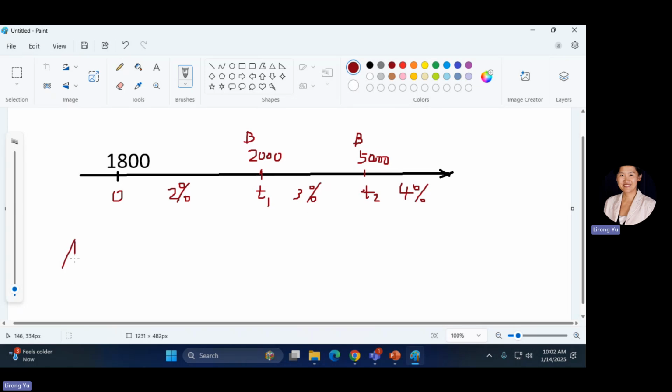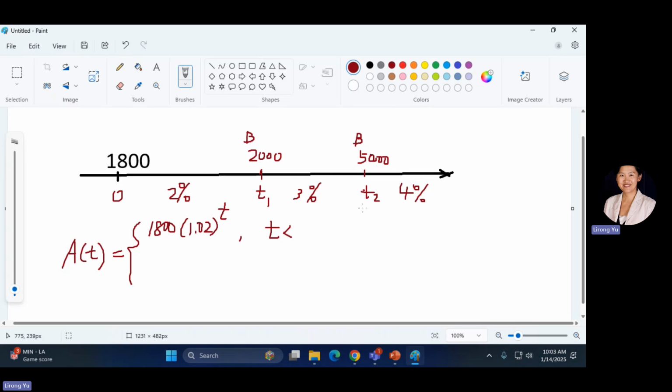So if you try to write your function A(t), originally it was 1,800 times 1.02 to the power T. That's before T reaches T1, and we're going to find T1. So let's first calculate that.